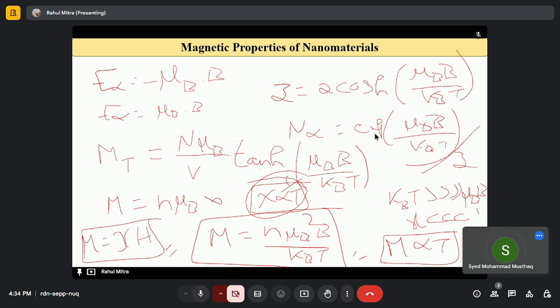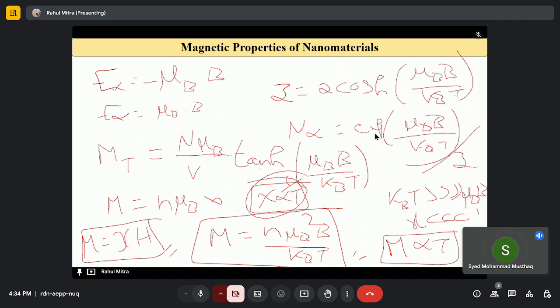It tells about the susceptibility, which in turn tells what type of magnetic material it is. If I draw magnetization versus temperature, it is inversely proportional; the magnetization drops with temperature and goes to 0, which means it is a paramagnetic material. So that is about paramagnetism.